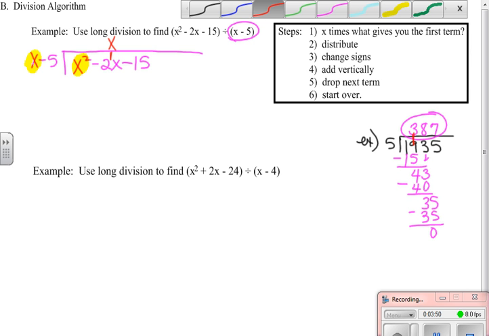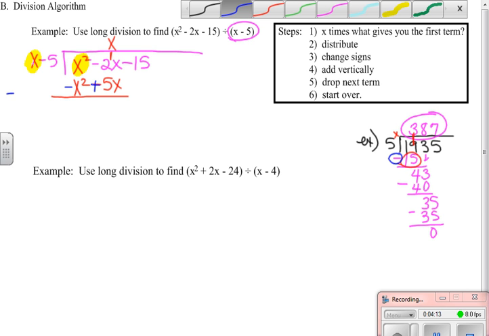Now I'm going to do the process. So here I took 3 times 5 to get 15. So I'm going to take x times x to get x squared. X times minus 5 gives me minus 5x. Now, what did we do in our example? We subtracted. So when I subtract, that really means I switch my signs.